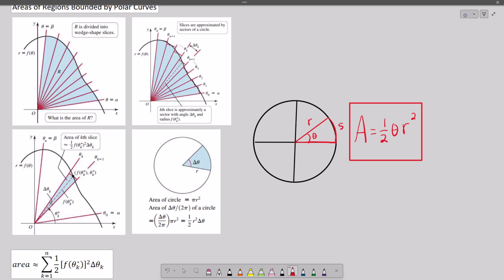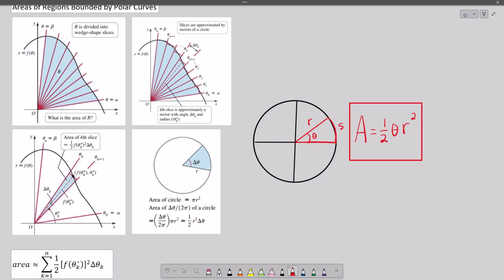Polar area is going to mean basically to the origin. Instead of rectangles, we have each one of those little sectors. So the polar geometric approximation is with sectors, slices of pizza, instead of rectangles.